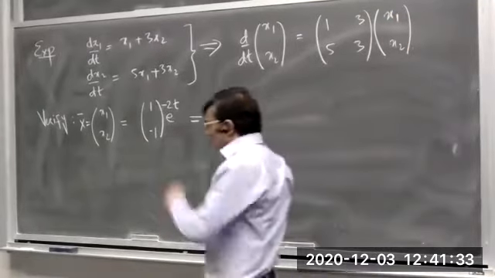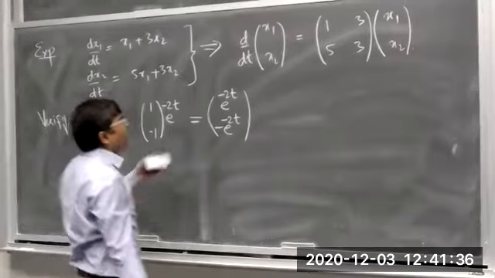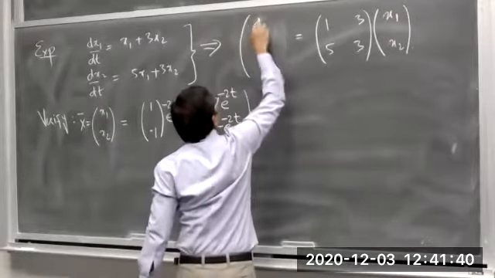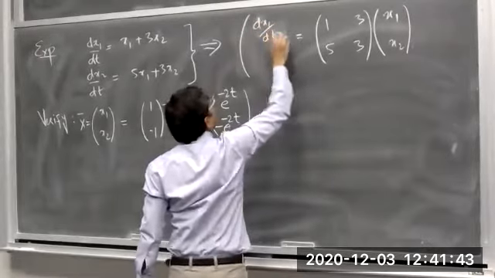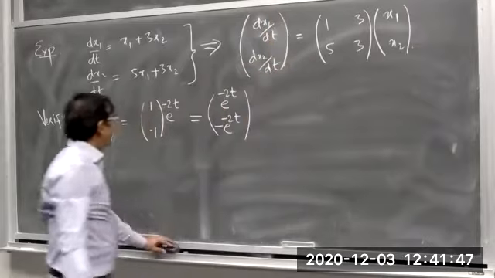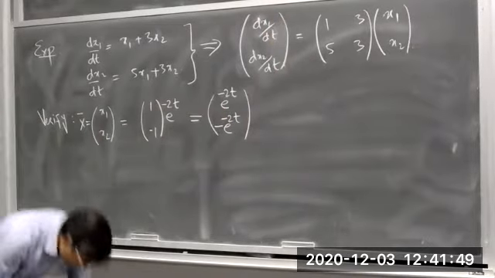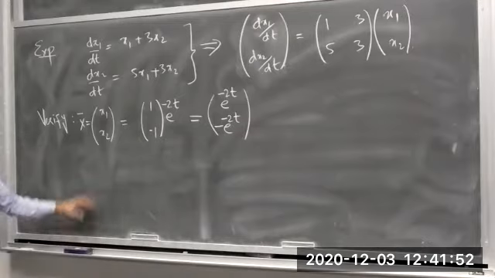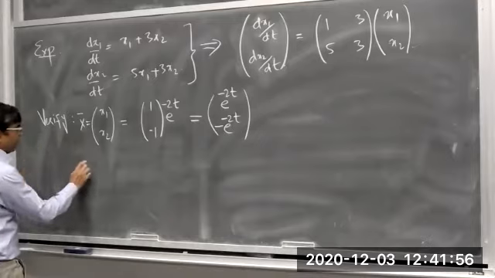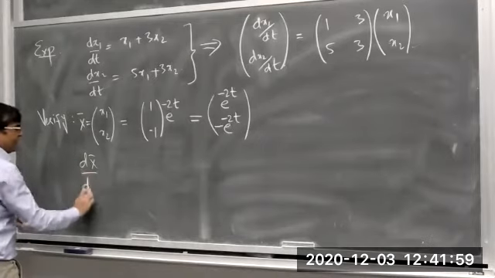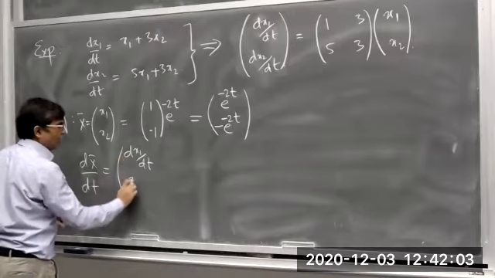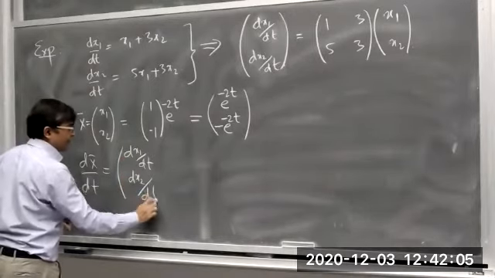Or you can write this with the derivative inside: dx1 by dt and dx2 by dt. Now, if you need to verify that this is your solution, you have to take its derivative. So its derivative would be dx bar by dt. What does it mean? It is dx1 by dt and dx2 by dt.